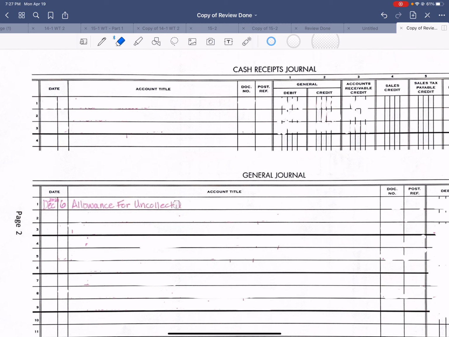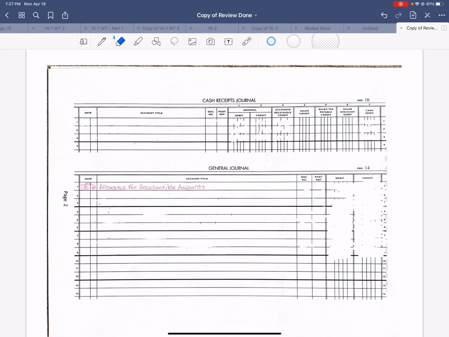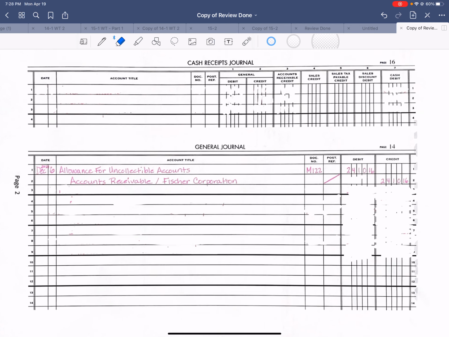So our allowance for uncollectible accounts will be debited for $2,410.16. Our accounts receivable, Fisher Corporation, will be credited for the same amount. And we'd use document 122. We draw the diagonal line because we would be posting in two spots.